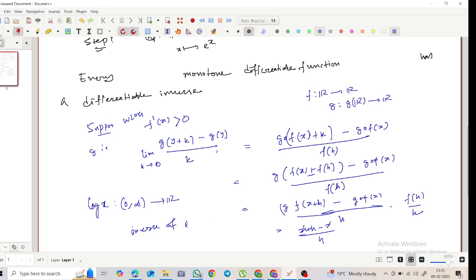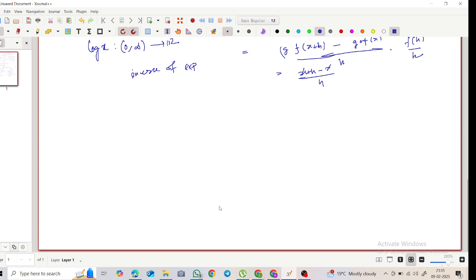But there is another way to define it. You can define log x to be the integral, and you can also check that it is indeed the inverse of e to the power x.